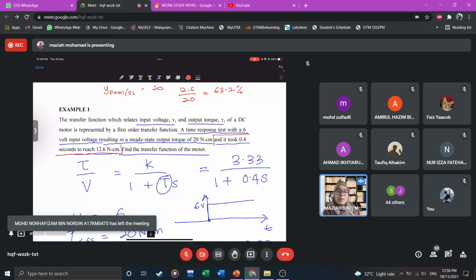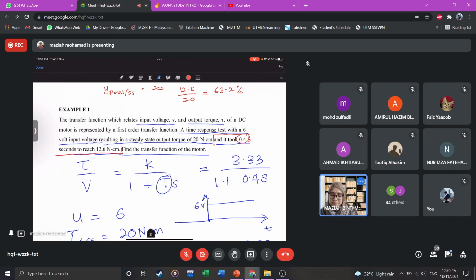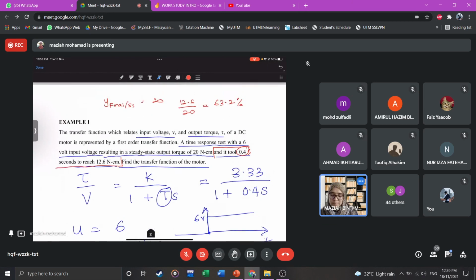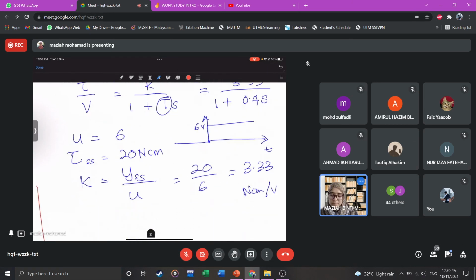By knowing that the time constant is the time taken to reach 63.2% of the final value, which in this case is 12.6, it's already given to you that the system reached 63.2% at 0.4 second. So 0.4 second is our time constant. Okay, understood, Doctor.